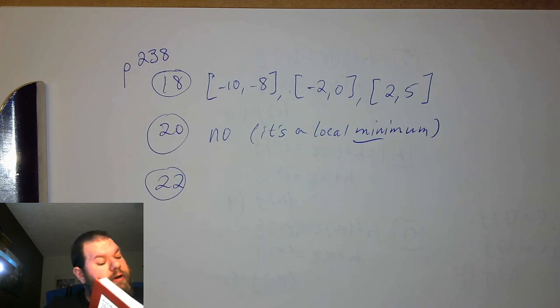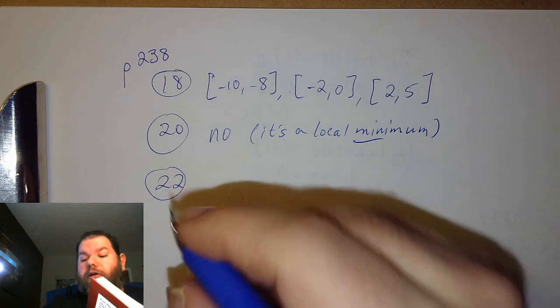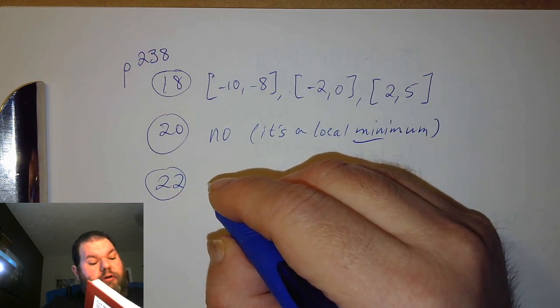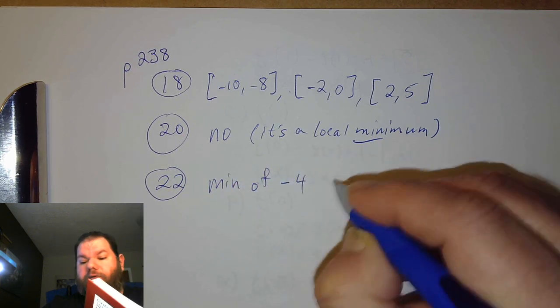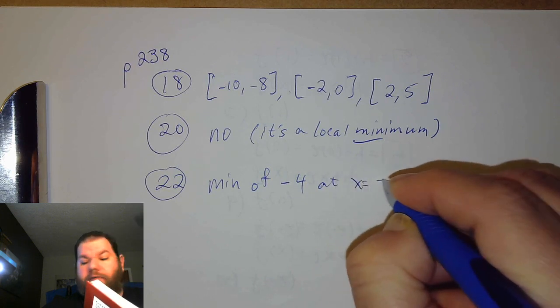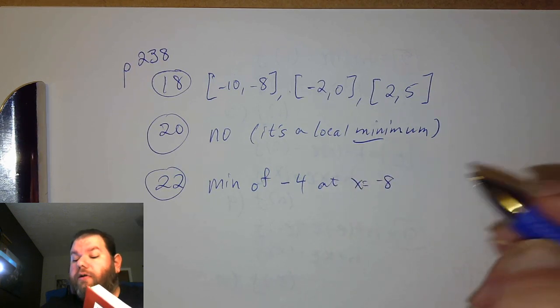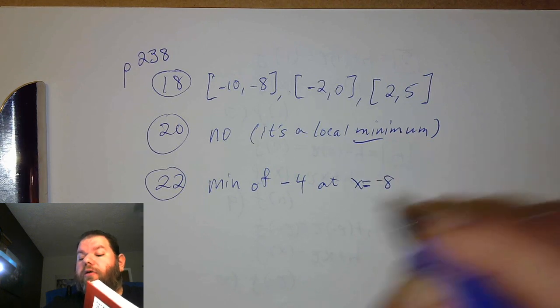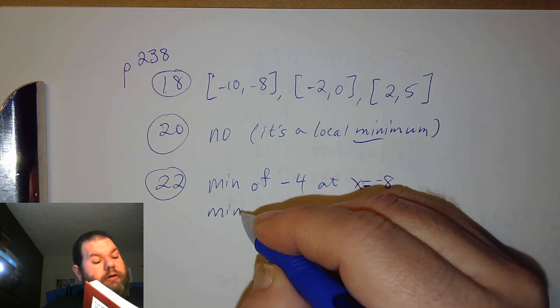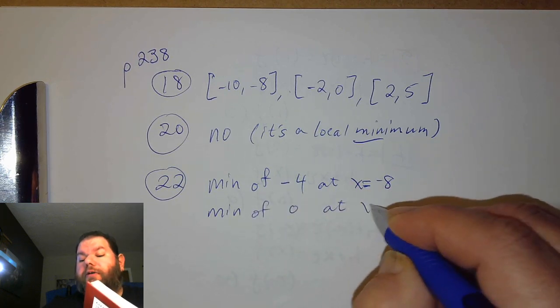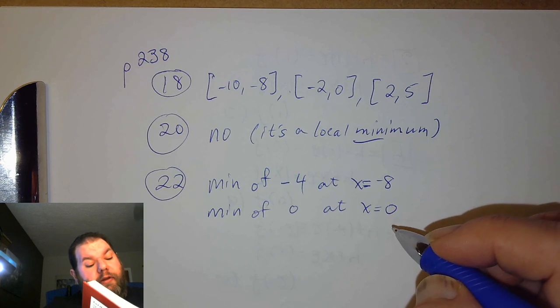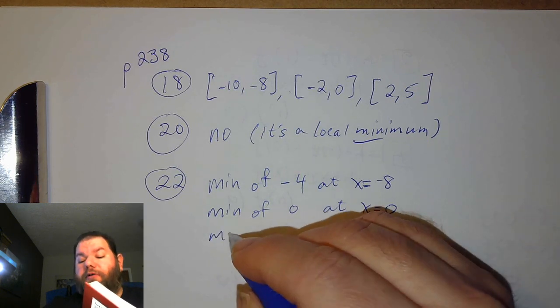List the numbers at which f has a local minimum. What are the local minimum values? So you have a minimum of negative 4 at x equals negative 8. We have a minimum of 0 at x equals 0. And we have a minimum of 0 at x equals 5.